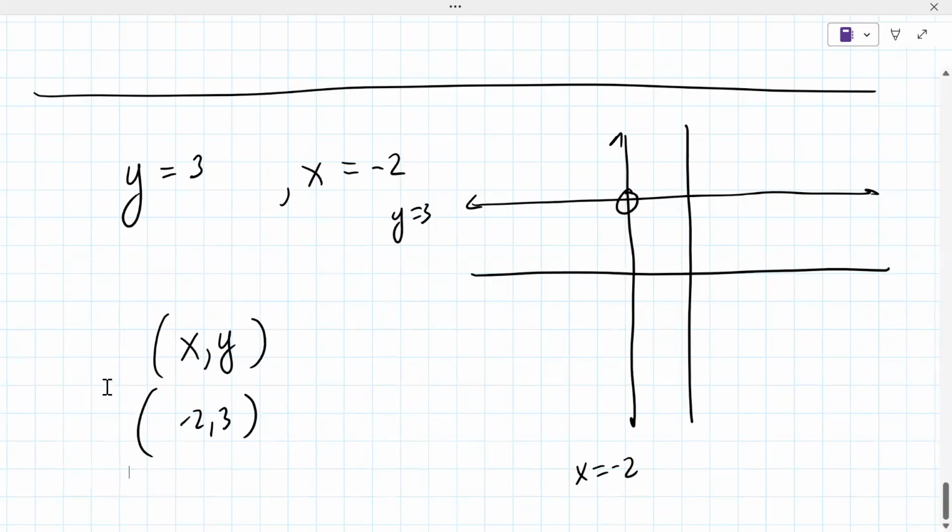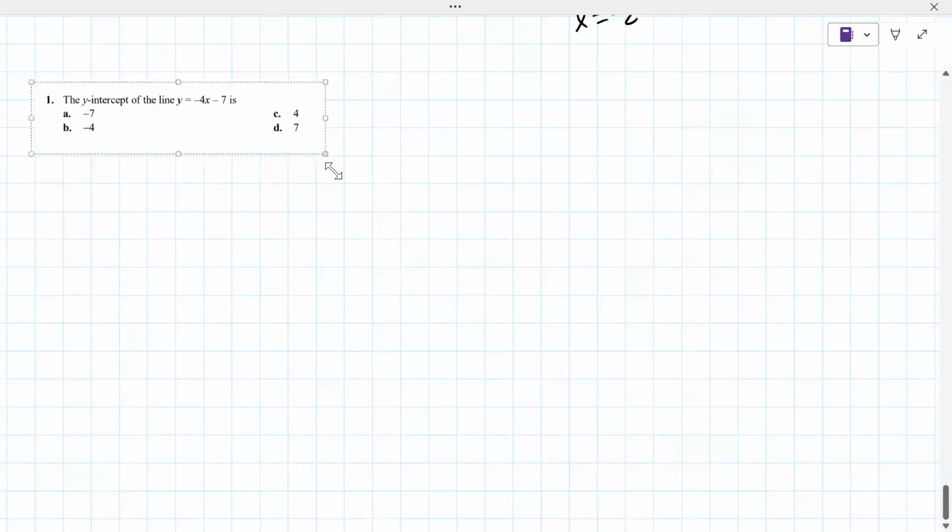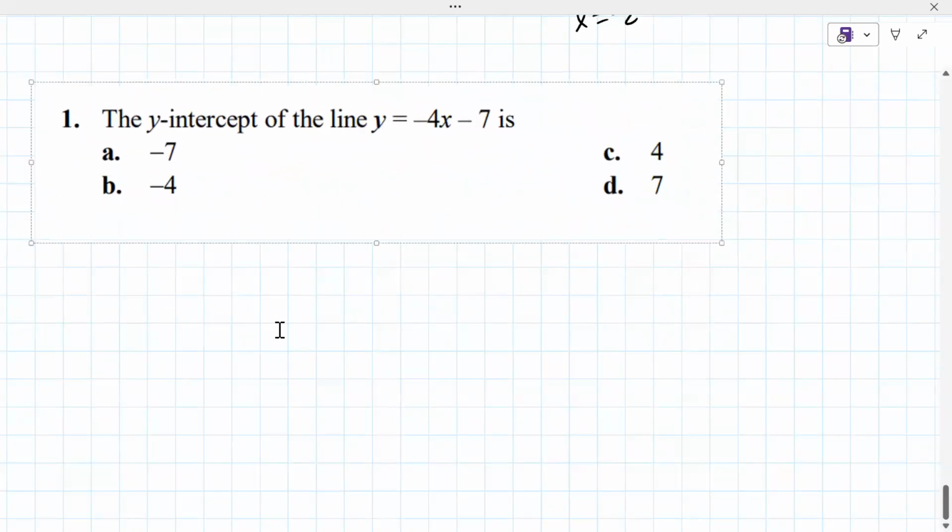Okay. Let me put some other equations up in front of you. All right, so this is a multiple choice problem. Are your tests ever multiple choice or are they all free response? There's some of them multiple choice. Okay. You know enough to be able to answer this question, but it's a different form than what you've been doing.